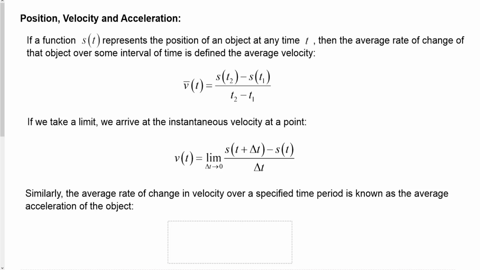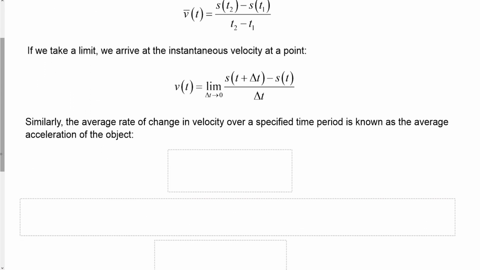Similarly, the average rate of change in velocity over a specified time period is known as the average acceleration of the object, because how quickly an object is changing speed, that's what's known as acceleration. And you can get acceleration as an average using the slope of the velocity with two different points in time.